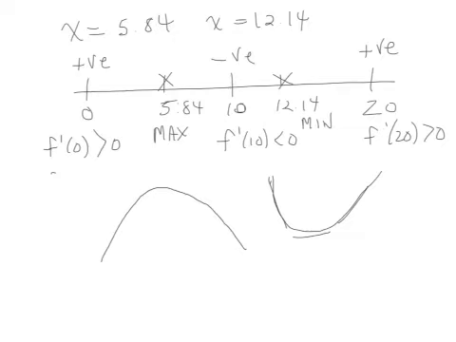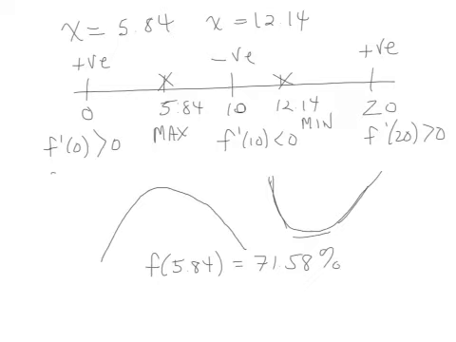Our next step then would be to use those values of 5.84 and 12.14 to determine the percent in those maximum and minimum years of the male employment population ratio. And for that, we're going to go back to the original function, and we're going to substitute 5.84 in for x, and that would find us a value of 71.58%.